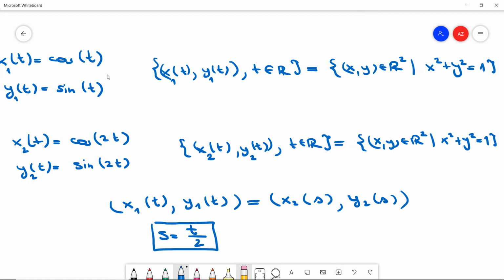So this means that I trace the same curve only at different times. This could tell me that I trace the curve with different velocity, but I will trace the same curve.